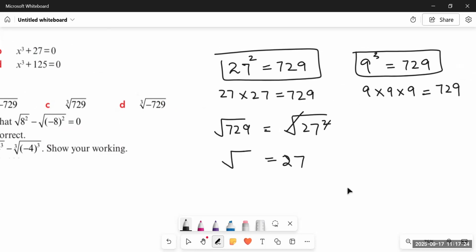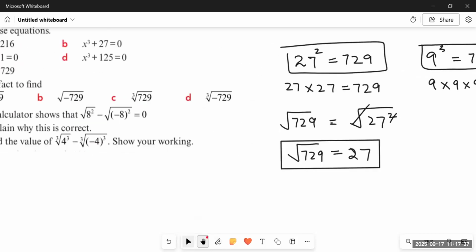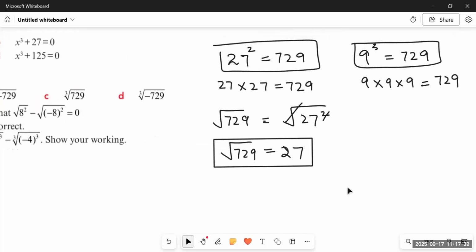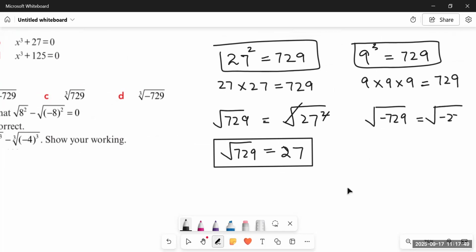It means the square root of 729 would be 27. But what about the square root of minus 729? It won't be minus 27 because we have learned that the square root of a negative number is not a real number. So for the square root of minus 729, we cannot replace it with minus 27 to the whole square.